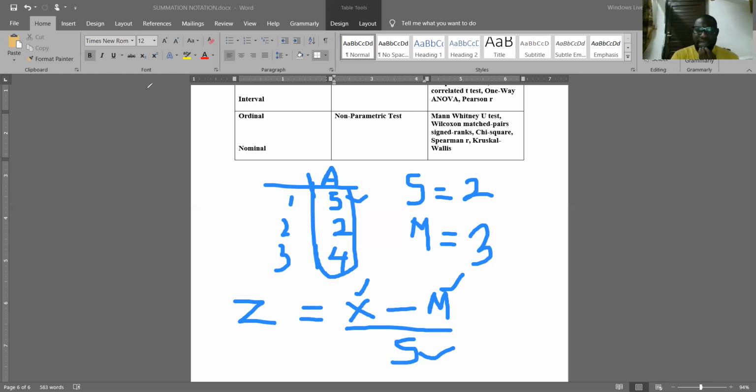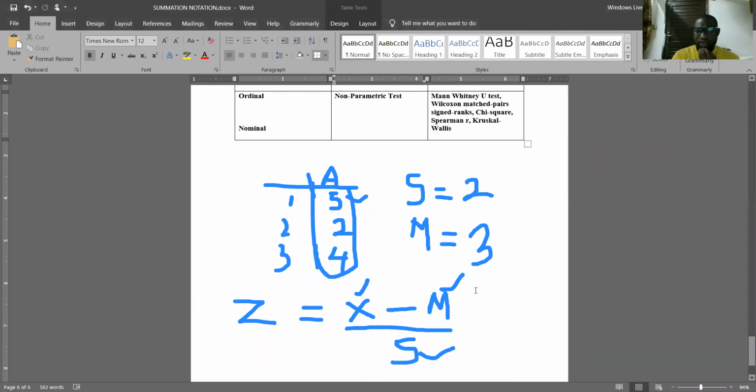So let's try and calculate this. Say my raw score was 5, and I need to find its z-score.